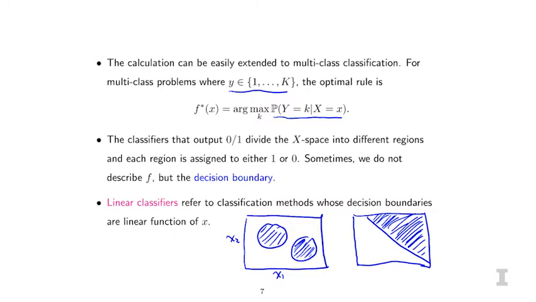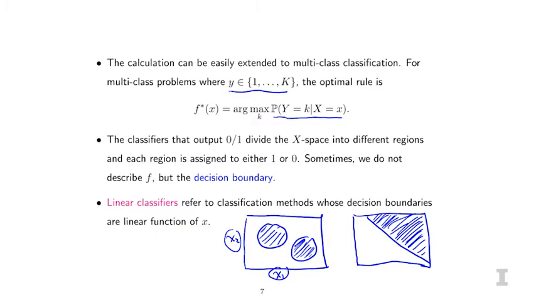For example, in this picture where our feature space is 2-dimensional, if we shade the regions where the prediction is 1, then this picture tells us a lot about the classifier f, and we really don't need to describe the functional form of f.